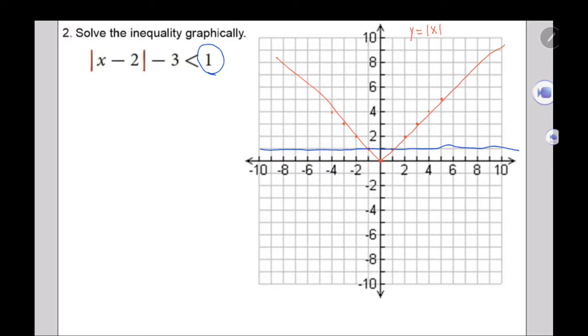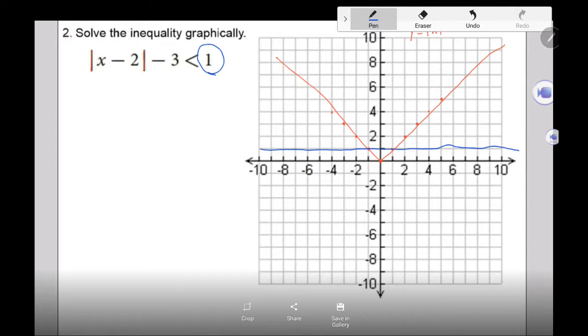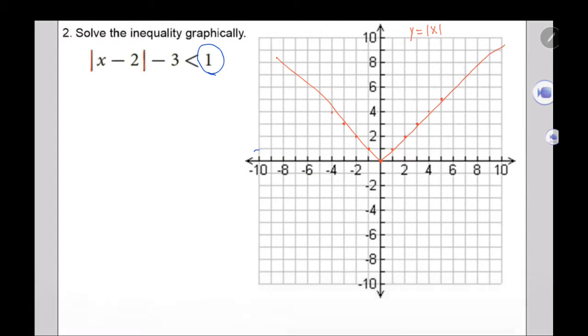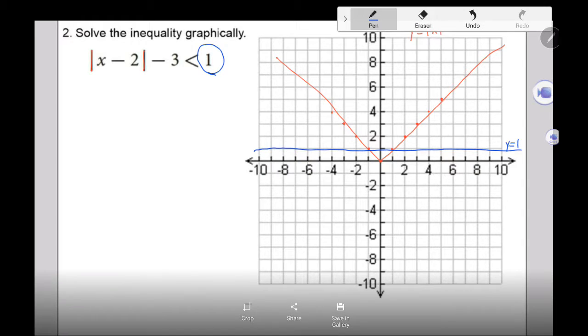Oops, I didn't need to make those marks. I'm going to try that again. There we go, that's my best attempt. y is equal to 1, and there are going to be times when the V that I drew here in red, the parent function, is above that line and places where it's below that line.